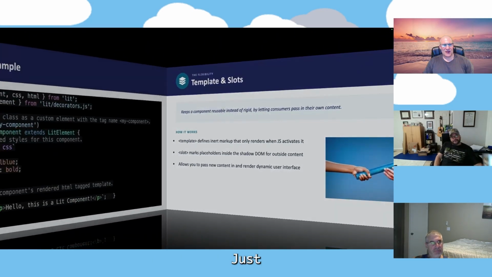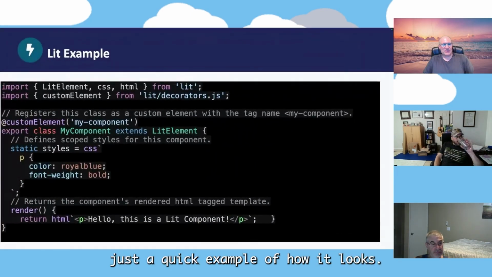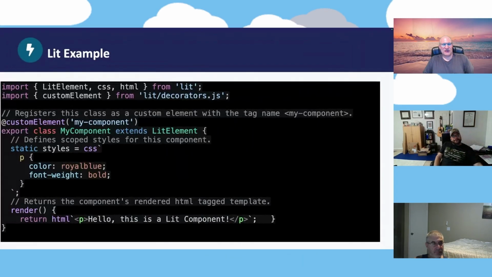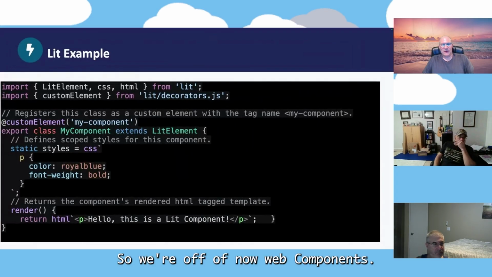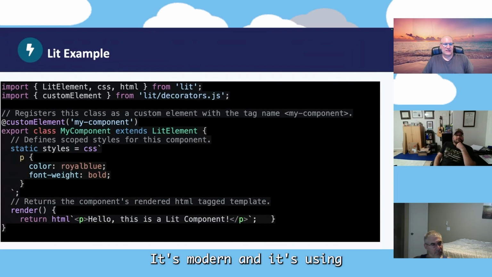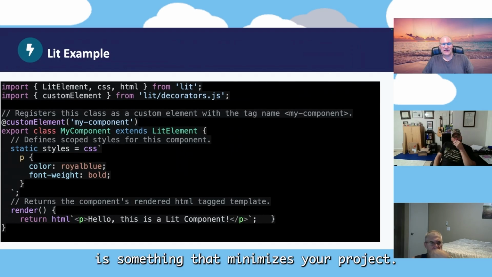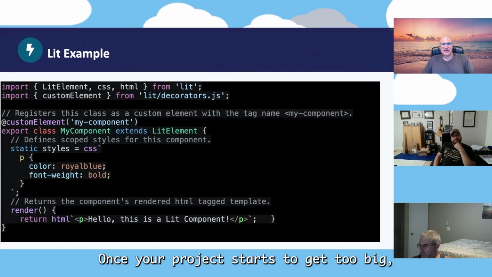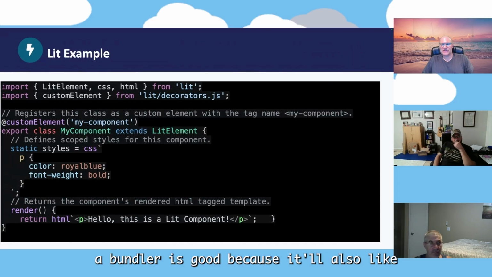Interesting. All right, and here's just a quick example of Lit, how it looks. So we're off of web components now. Now we're going on to the Lit library, and Lit does things a little bit differently. It's modern, and it uses a bundler, which is something that minimizes your project. Once your project starts to get too big, a bundler is good because it'll also, like, TypeScript will turn into JavaScript.